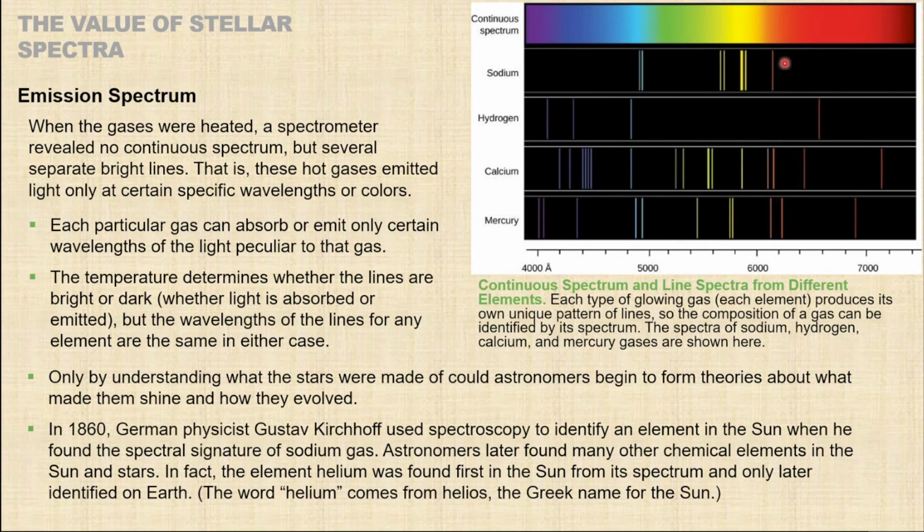So at close to 5000 angstrom and around 6000 angstrom. When hydrogen was heated, the radiation emitted by the hydrogen had wavelengths at these locations only.